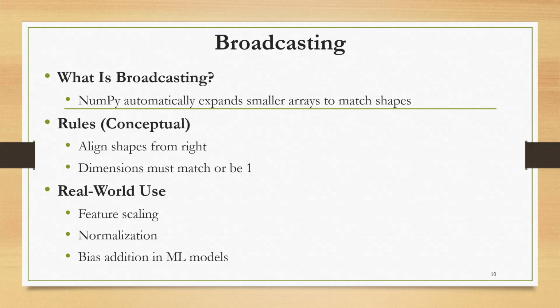That's the whole concept here. Align shapes from the right; dimensions must match or be one. Real-world examples are feature scaling, normalization, bias addition in machine learning models. Two dimensions are compatible when, first, they are equal, or one of them is one.